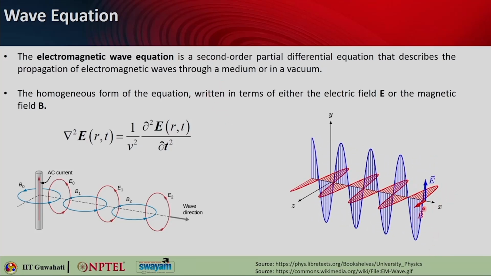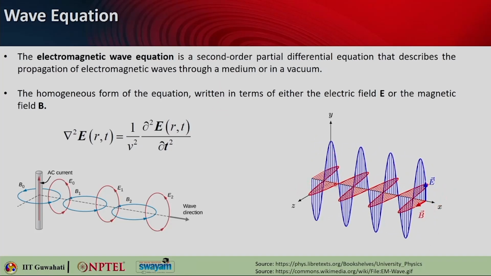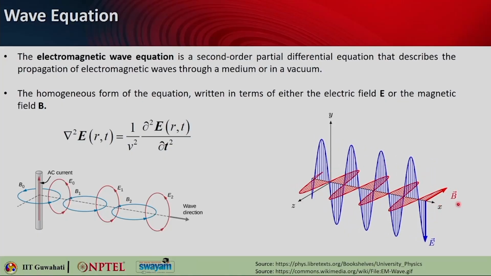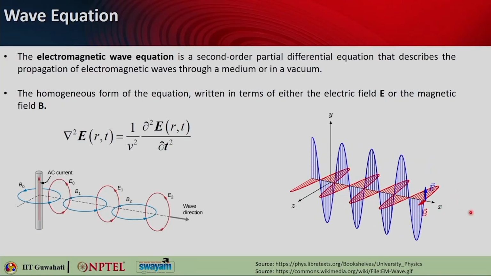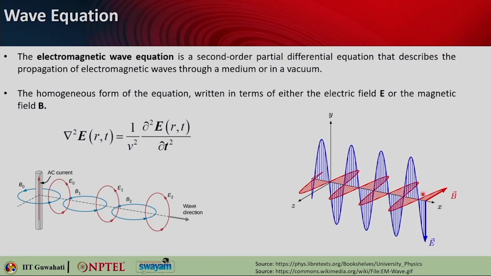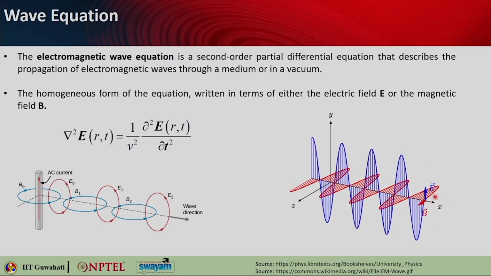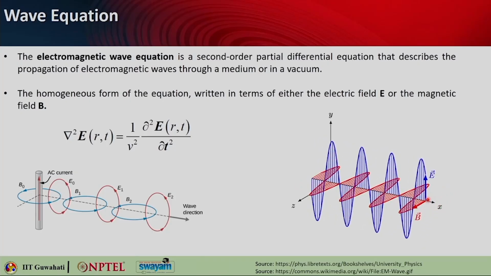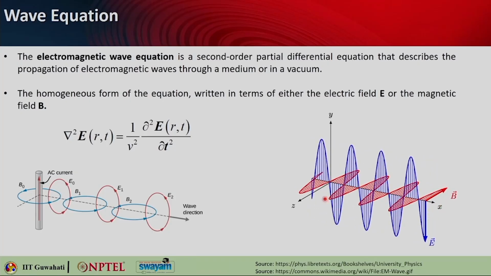So this is how the electric and magnetic fields in an electromagnetic wave behave. The wave is propagating along this x direction, and you can see the electric field oscillating along y and the magnetic field oscillating along the z direction here.